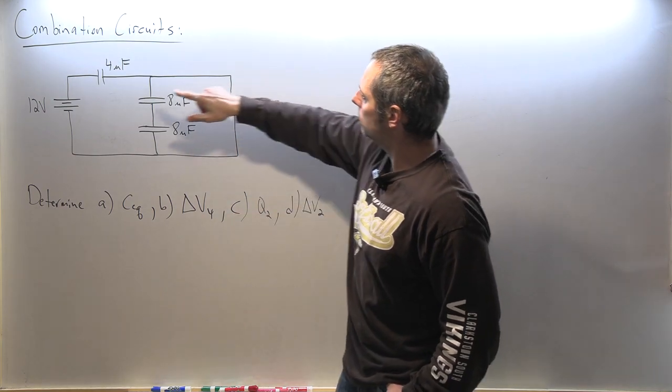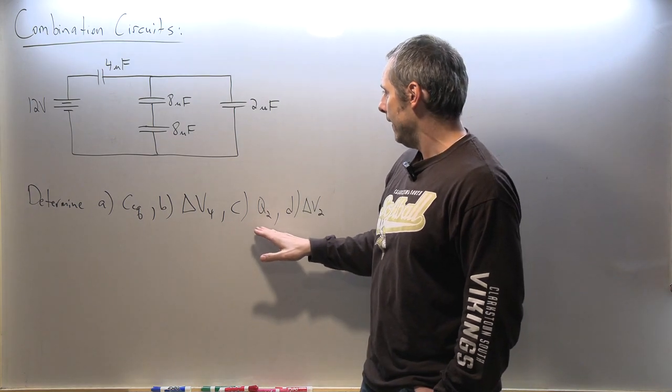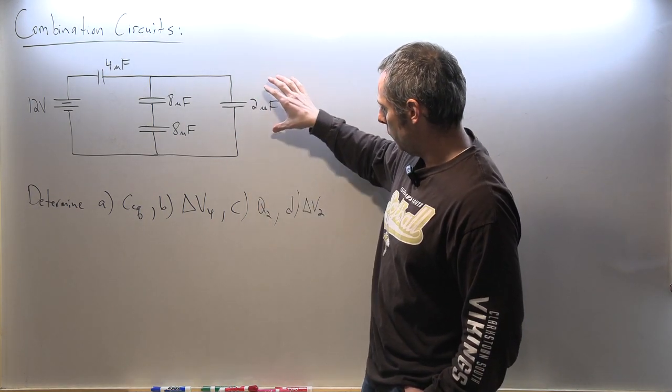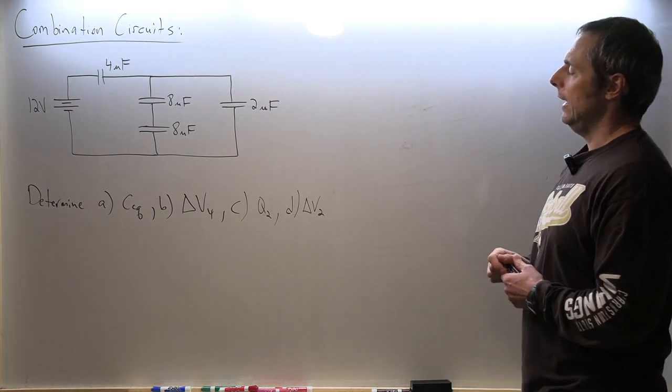The voltage right here is not going to be 12, it's going to be some portion of 12. And then the charge in this and the voltage in this capacitor. So how do we do that?